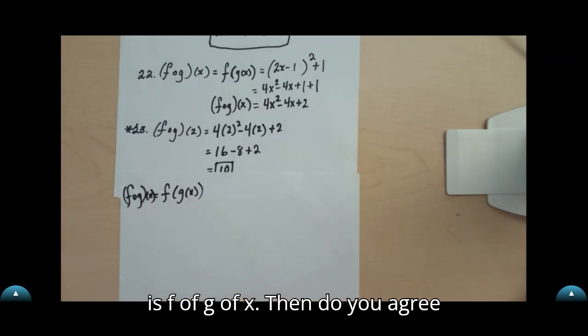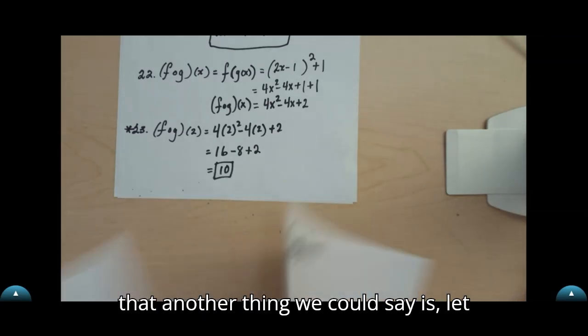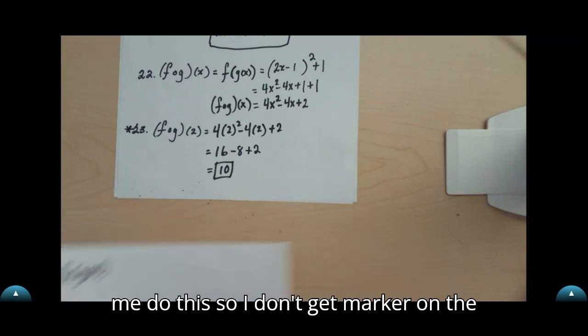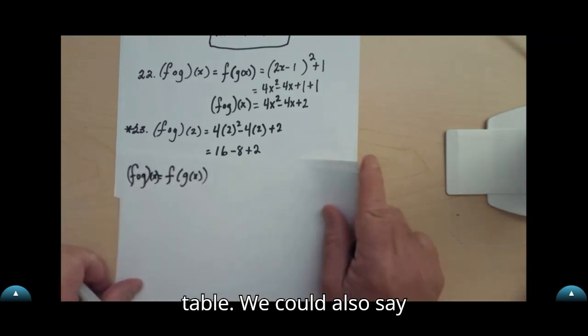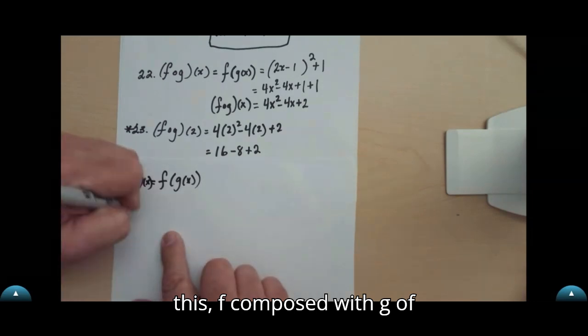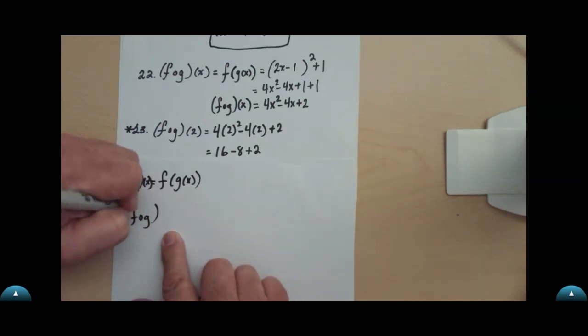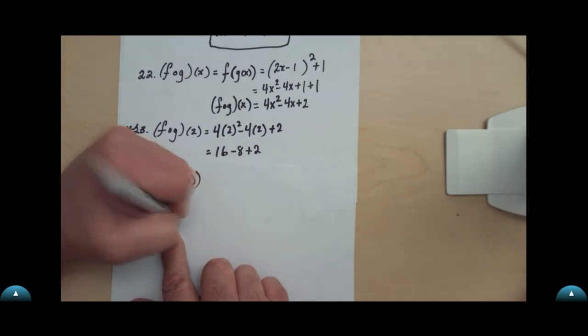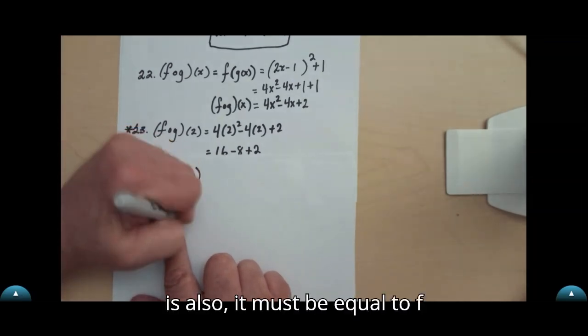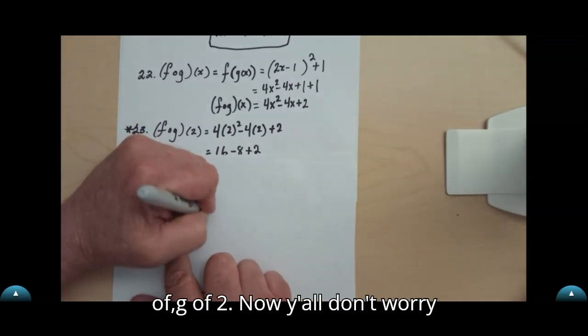Then do you agree that another thing we could say is, f composed with g of 2 is also, it must be equal to f of g of 2.